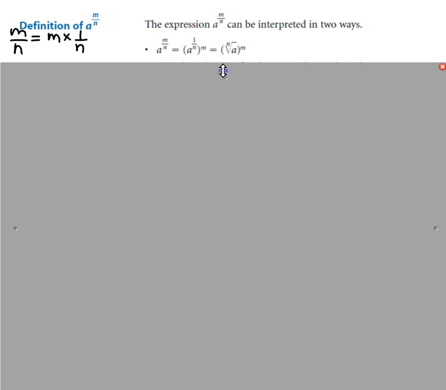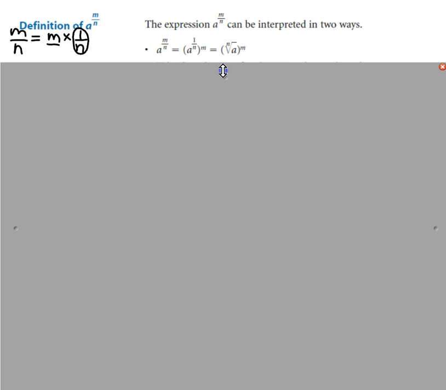Okay, and because of that, we can separate out the fraction into something which we already know how to handle, and then a factor of that. Okay, so that allows us to take the power a to the m over n, and we can write that a couple ways.